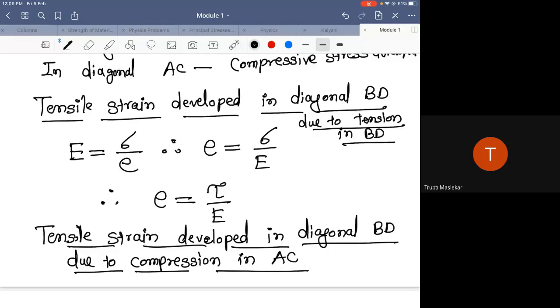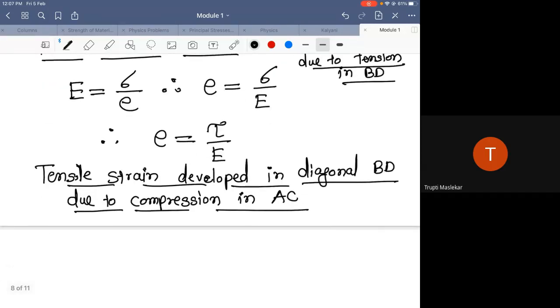Mu, lateral strain divided by linear strain. एक डायरेक्शन में मेंबर बढ़ रहा है तो दूसरी डायरेक्शन में वो कम होता है. This happens automatically and therefore here AC में कम्प्रेशन है, तो इसका इफेक्ट BD पे भी होगा. मतलब AC कम हो रहा है तो BD बढ़ेगा. तो यहाँ पे हम क्या लिख सकते हैं? Tensile strain developed in diagonal BD due to compression in AC, that is, if we use the Poisson's ratio formula here, so I will write Poisson's ratio mu. What is the formula?